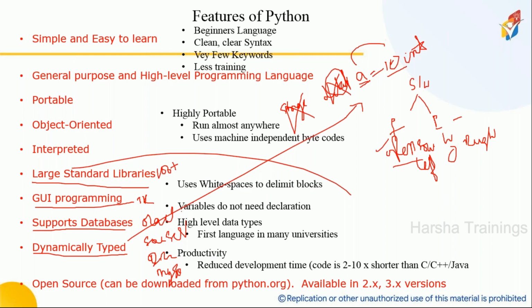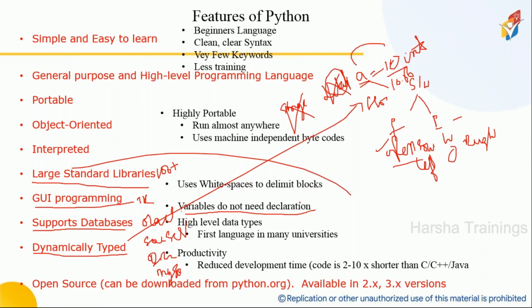For example, if I assign 10.50, what will happen? Earlier it was an integer, now it will be converted to float. So the variables will be dynamically typed. Variables do not need declaration of data types.